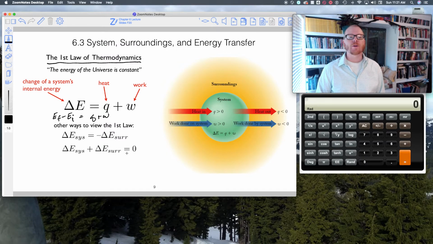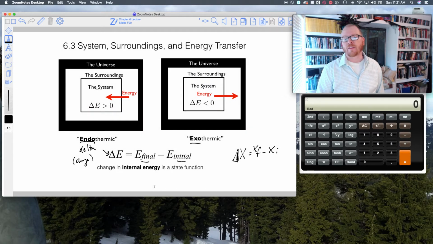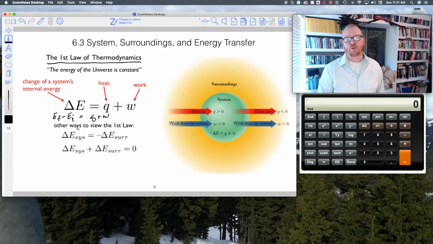So in other words, if my system gives off heat, then the change in energy for the system is negative, but then the change in energy for the surroundings will be positive. So this is just saying what we saw in this diagram, that the heat flow will be opposite depending on if you view the system or the surroundings. In chemistry, we're always interested in the system.